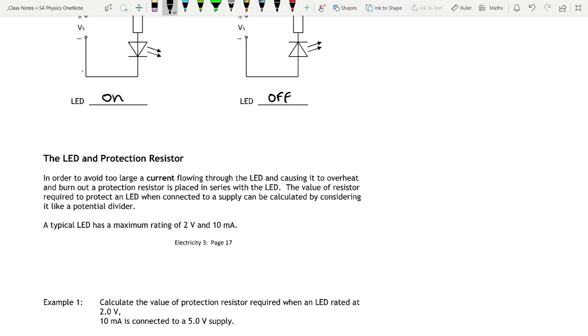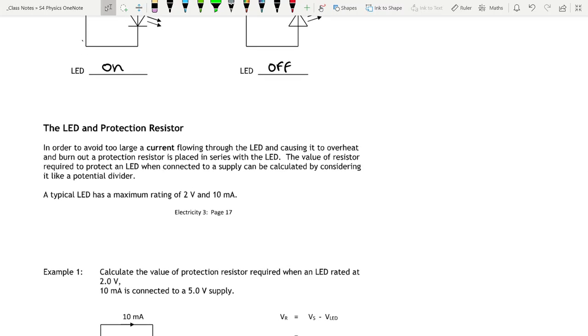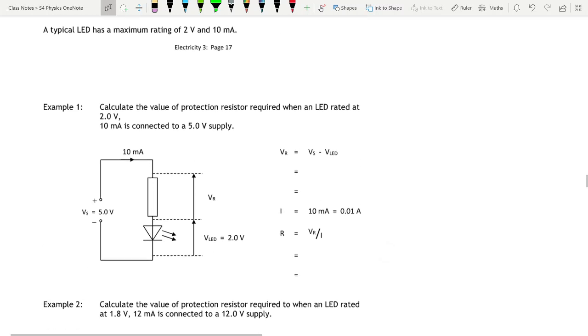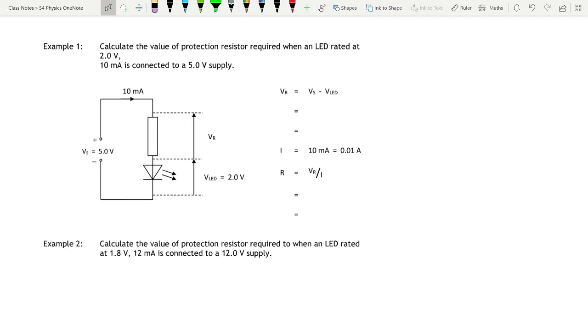The value of resistor required to protect an LED can be calculated by considering it like a potential divider. So we're basically using V equals IR to work it out. Normally, a typical LED has a maximum rating of 2 volts and 10 milliamps. So, an example here, and for LED questions, they're all the same.